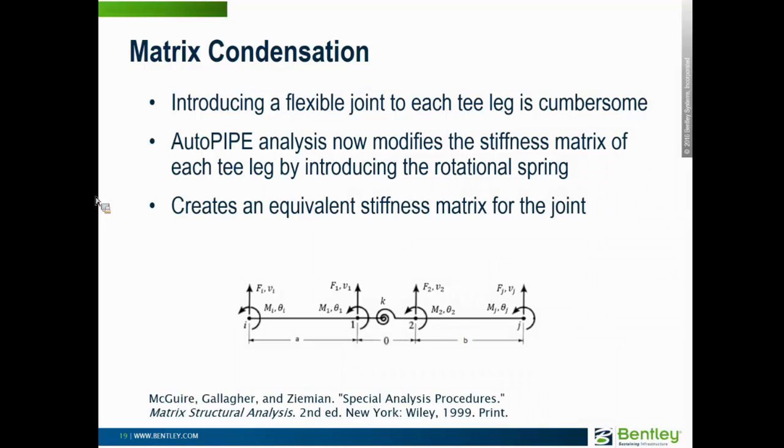Ultimately, the end result of this analysis is a slightly modified stiffness matrix for each leg of the T that includes this rotational spring, and actually incorporates and introduces this B31J flexibility. No additional nodes are created in your model. There's no additional complexity added to the model.